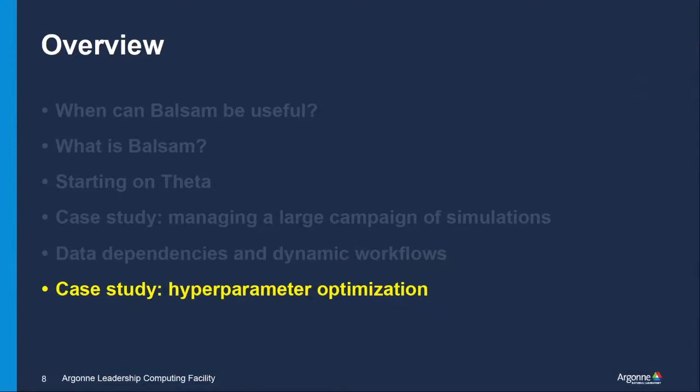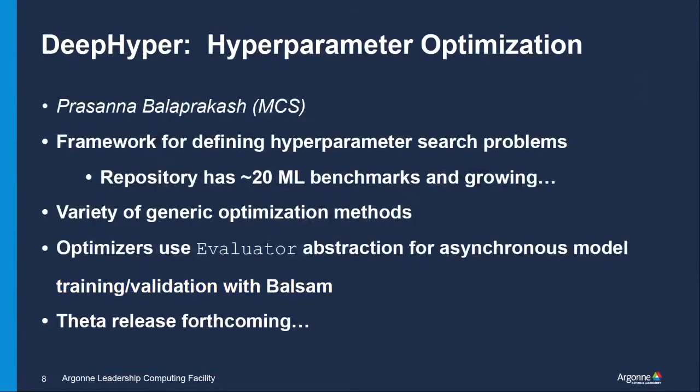So the HyperOpt workflow that we've been working on, called DeepHyper, makes use of these concepts. This project is spearheaded by Prasanna in MCS, who was talking about a number of issues yesterday with machine learning.